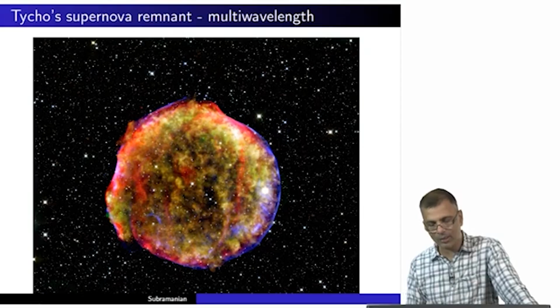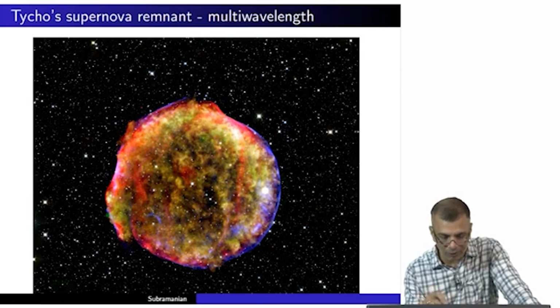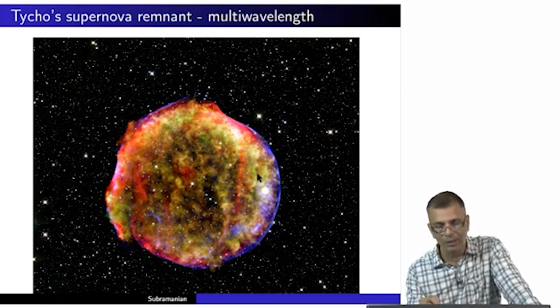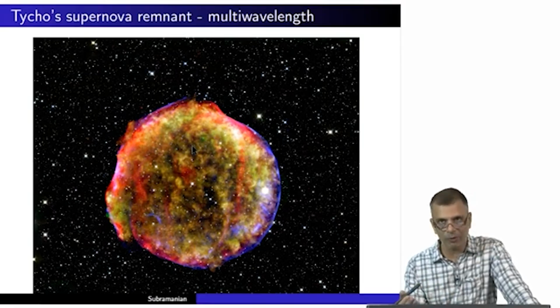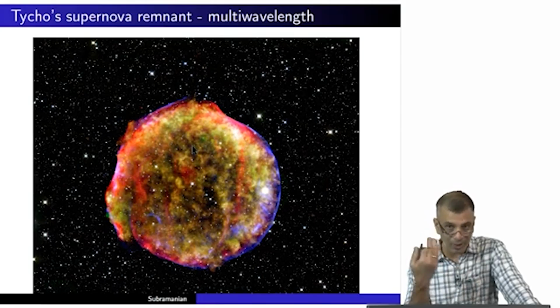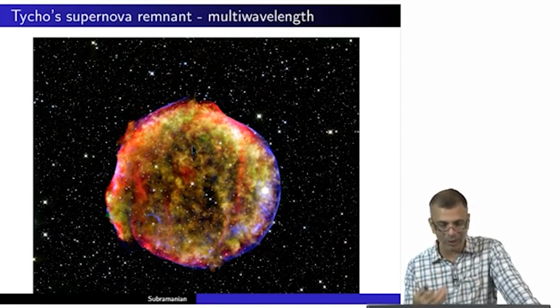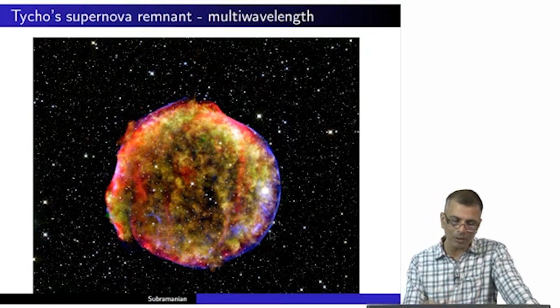Multi-wavelength meaning it's a montage of say X-ray, radio, and optical wavelengths, and each of these wavelengths is assigned a different color. So these different colors represent different wavelengths, not necessarily visual, not necessarily wavelengths that can be observed by our eyes.